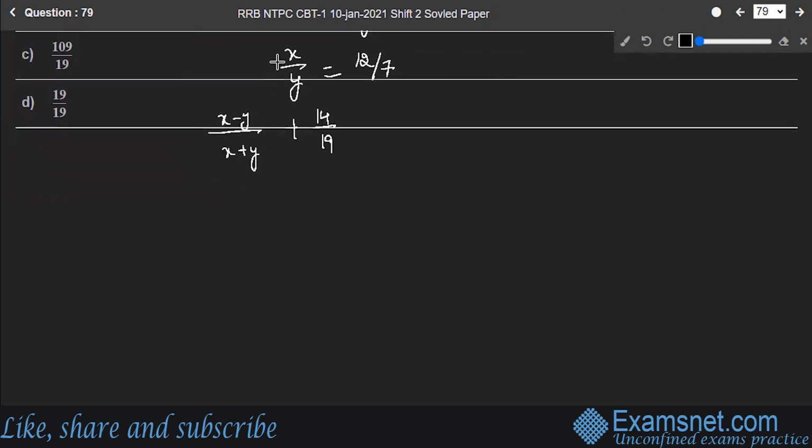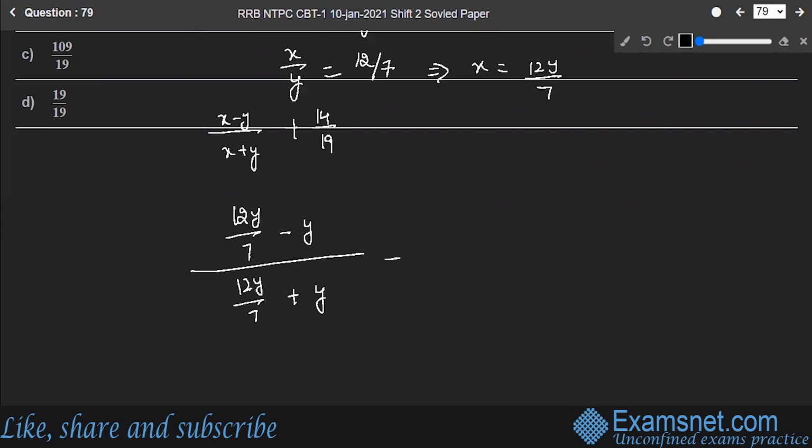So x upon y is equal to 12 by 7. From here, you can write x is equal to 12y upon 7. So (12y upon 7 minus y) whole divided by (12y upon 7 plus y), plus 14 upon 19.